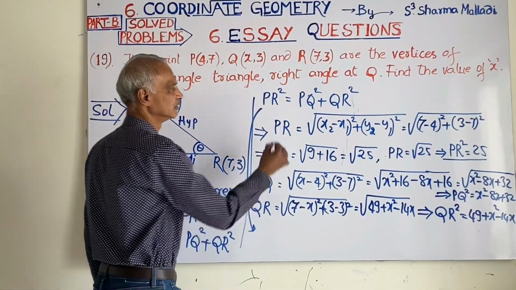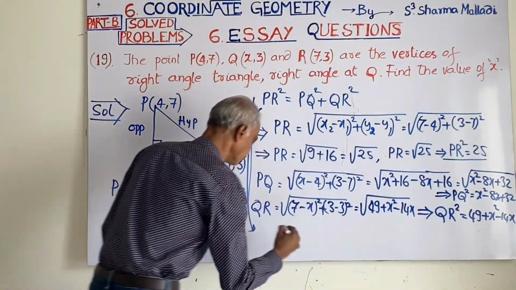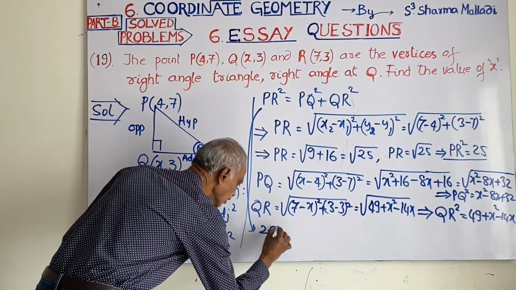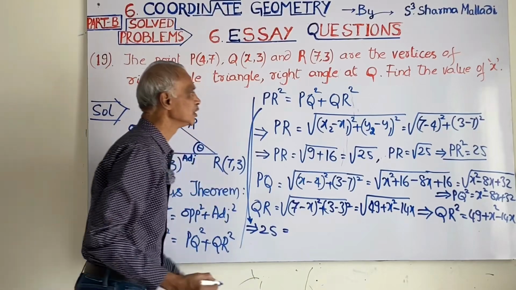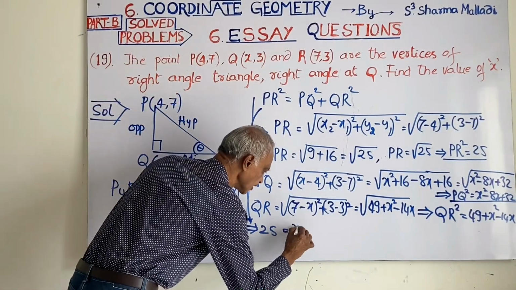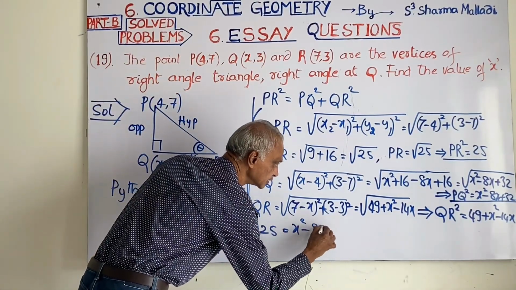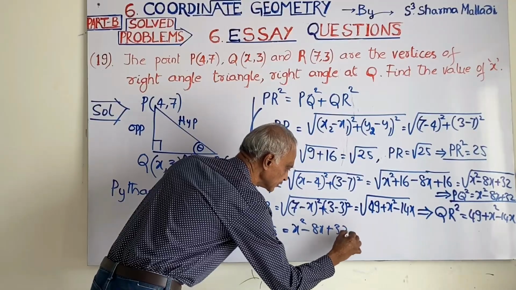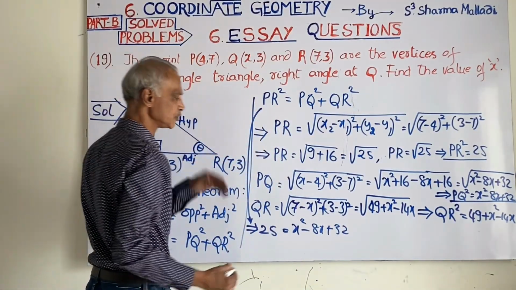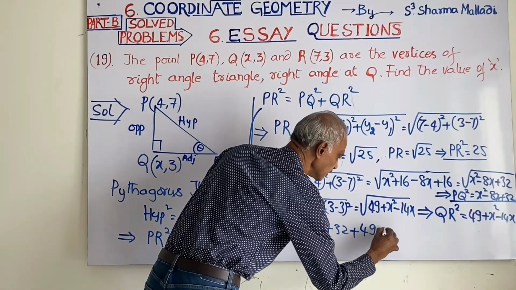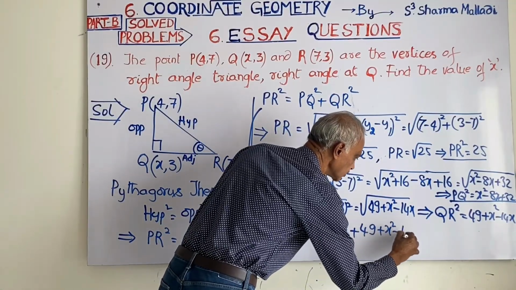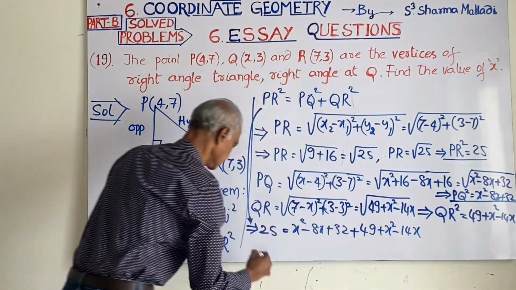What is PR square? PR square is 25. So 25 is equal to PQ square, x square minus 8x plus 32, next plus QR square, which means 49 plus x square minus 14x.